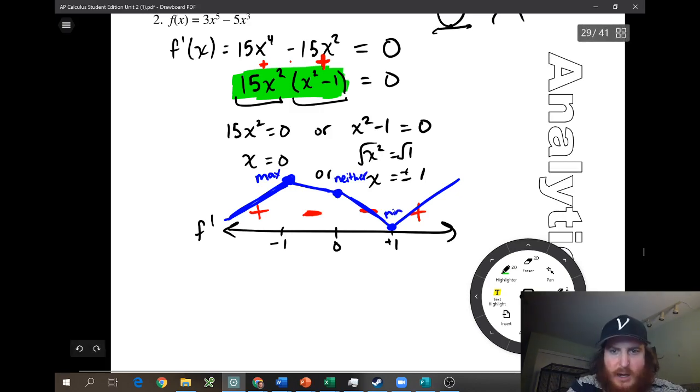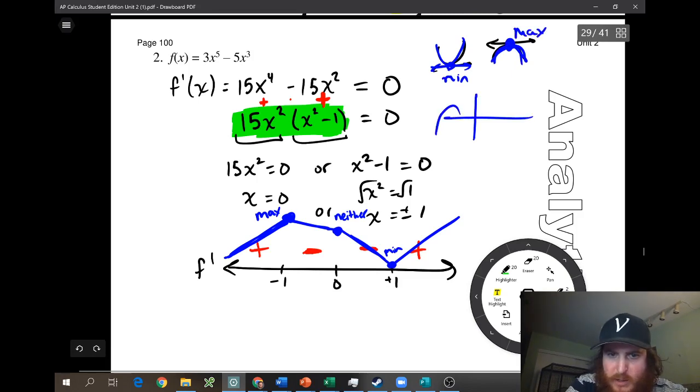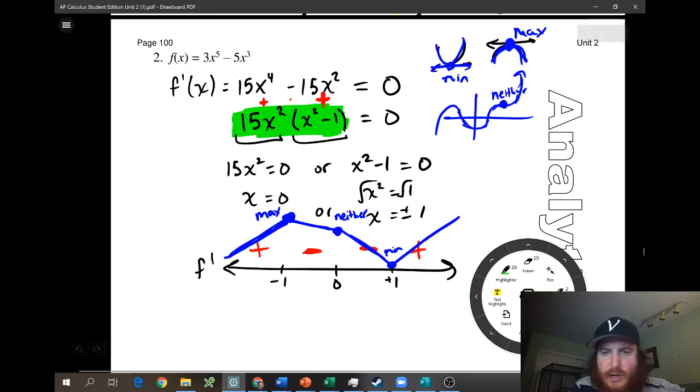And that happens, right? We see that up here, this was definitely a minimum. This guy was a maximum. But you can get a maximum, and then a minimum, and then a horizontal tangent and a neither. So this guy's a neither. It's where maybe you're increasing, and then you keep increasing, or you're decreasing, and then you keep decreasing.